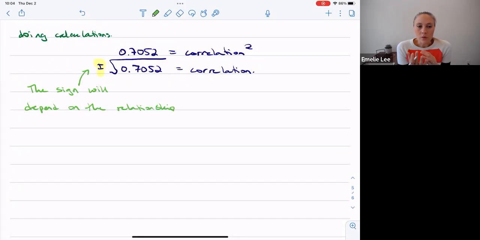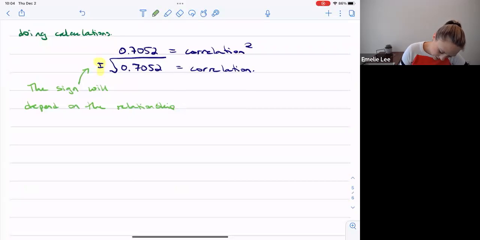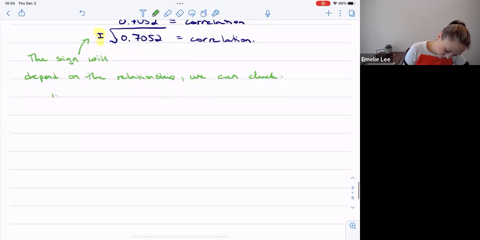You've got two tools to check. We have a positive slope in our regression equation, so we know it's going to be positive, but also we have the scatter plot and we see a positive relationship here. So we can first check the slope.